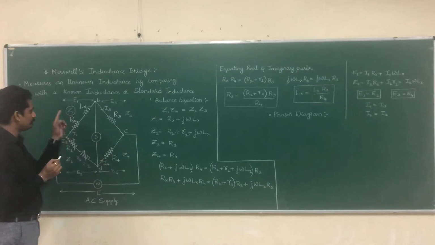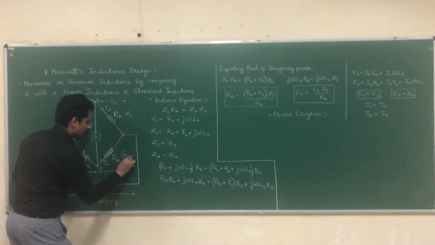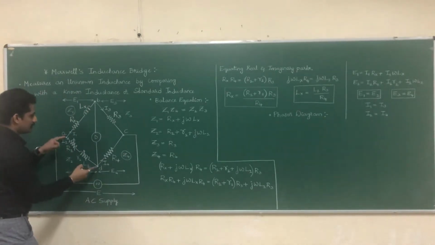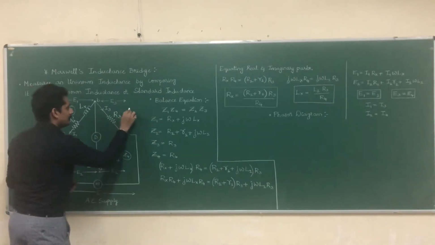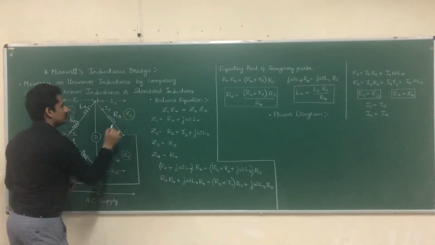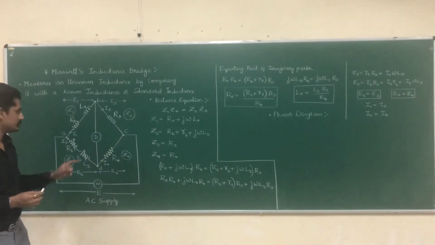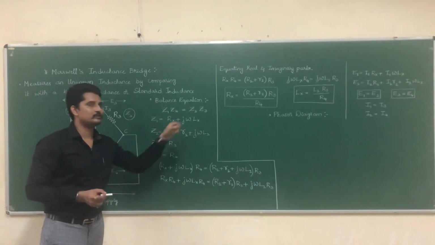The product of the impedances Z1 and Z4 will be equal to the product of the two arm impedances Z2 and Z3. This is the balance equation: Z1 Z4 equals Z2 Z3.